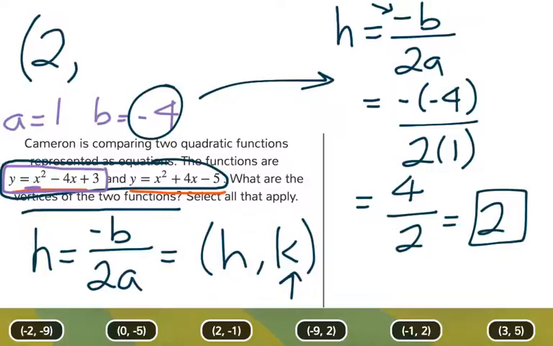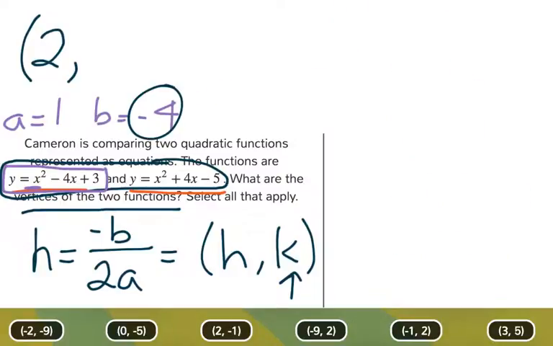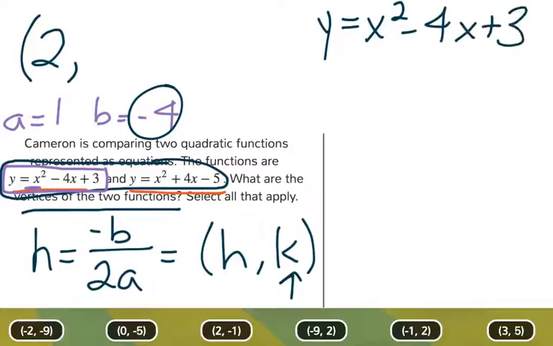Now to find the y, we need to plug that x-coordinate back into the original equation, y equals x squared minus 4x plus 3.